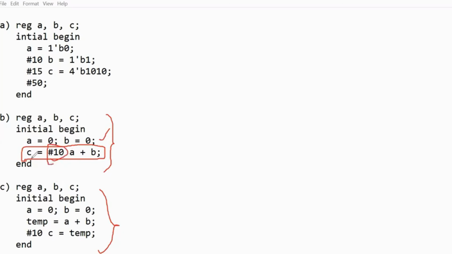After 10 time units, it will assign to C. Whereas in the second case, it will take the values of A and B at the current time and store them in a temporary variable, and it will assign to C at 10 time units. At 10 time units, both are similar. Okay. Did everyone understand? Any doubts? No, ma'am. Okay.